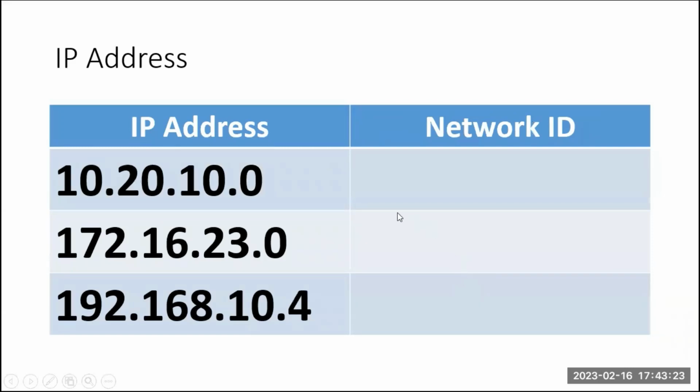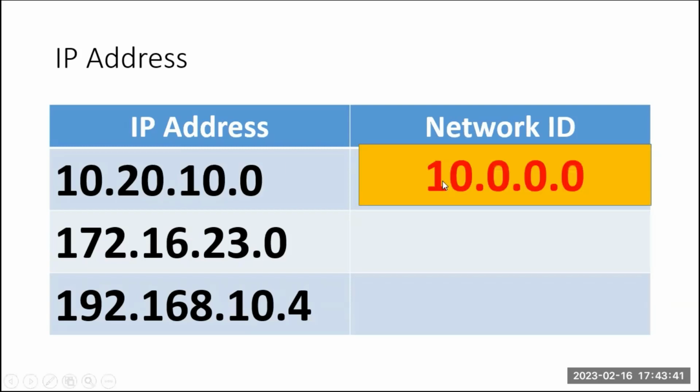What's the network ID for this IP address? Ten dot, 10.0.0.0. Okay, good. What's the network ID for this one? 172.16.0.0.